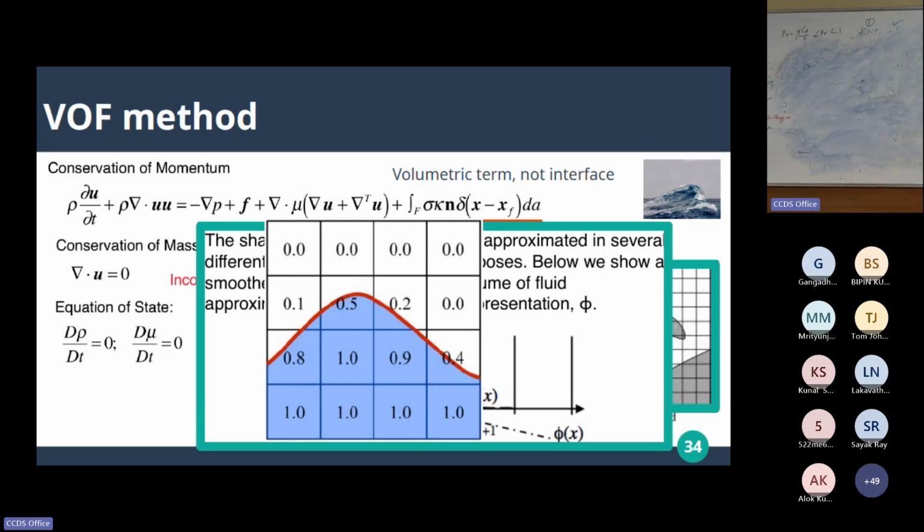Why? Because when I'm showing 0.5, it means how much volume I can really fill. That 0.5 volume could mean fill the bottom half, leave the top half. That possibility is there. I can fill the blue color on the left side but not on the right side.